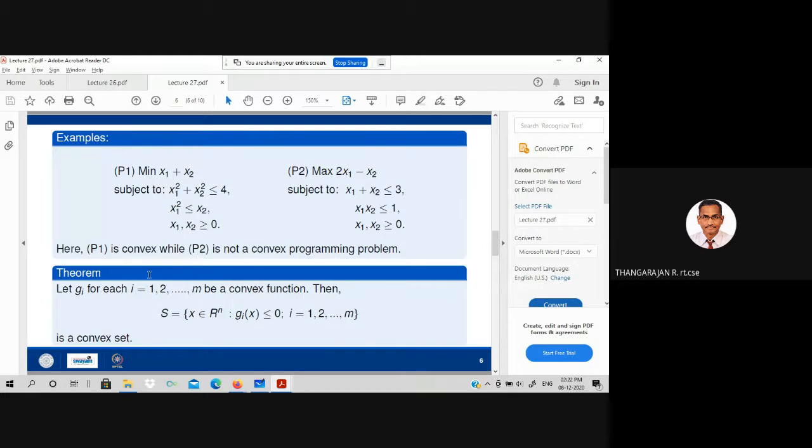For example, here, if you take minimize x1 plus x2, subject to some constraints. Looking at these constraints, you will know that this is something like a circle, is it not? x1 square plus x2 square less than or equal to 4 is a circle, because you know the equation of a circle.